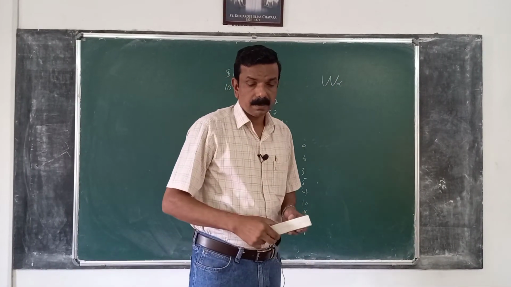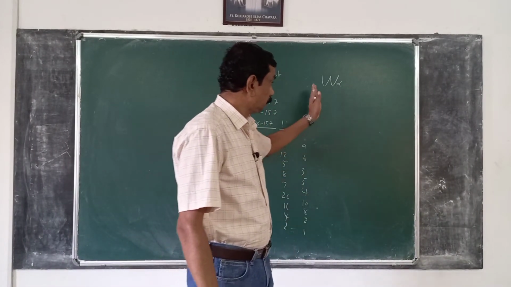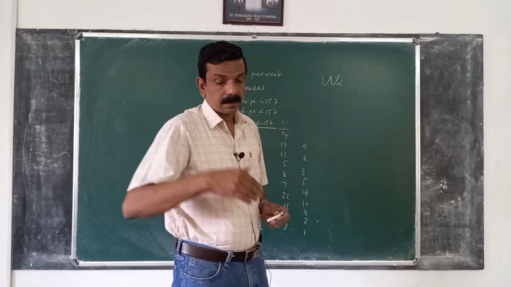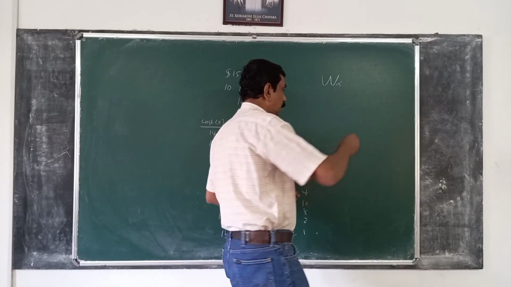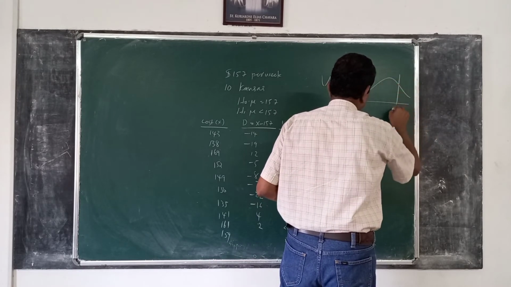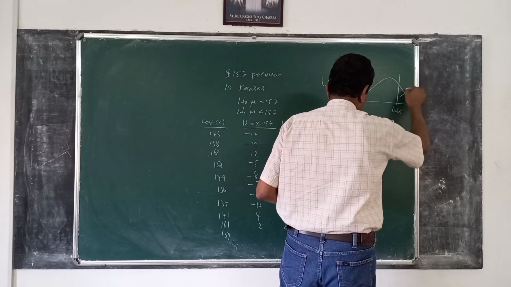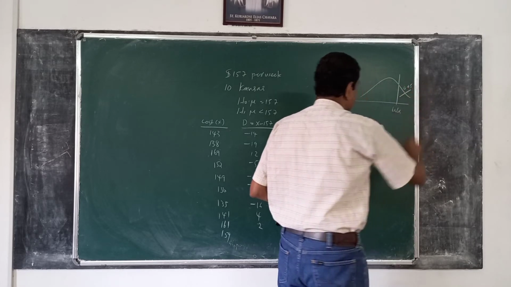W alpha will be given. That is the W value that has an area alpha to the right. W alpha will be given, say an area alpha equal to 0.05 to the right.